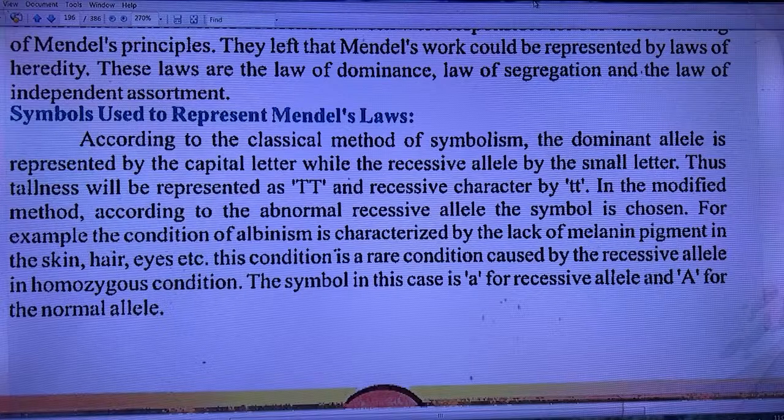For example, the condition of albinism is characterized by the lack of melanin pigment in the skin, hair, eyes, etc. This is a rare condition caused by a recessive allele in homozygous condition.